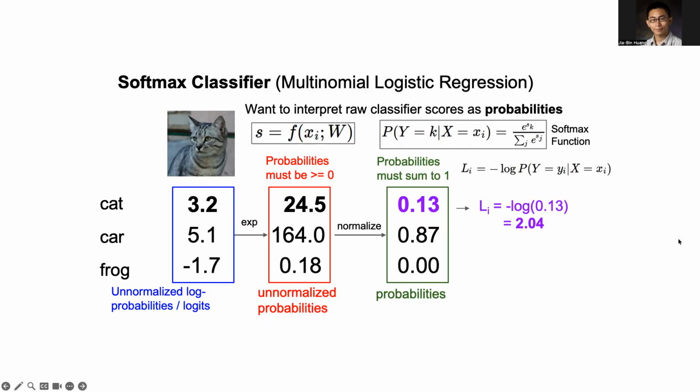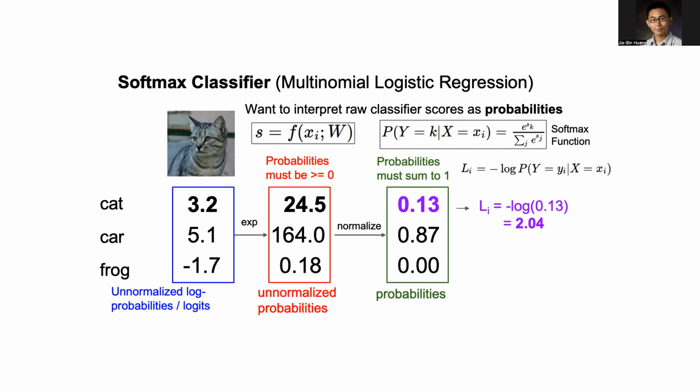So if this probability is close to 1, what does that mean? Log 1 is 0, so it means that you are very happy with this. But if this is a low probability, even though it should be the correct class, then you're doing a bad job.